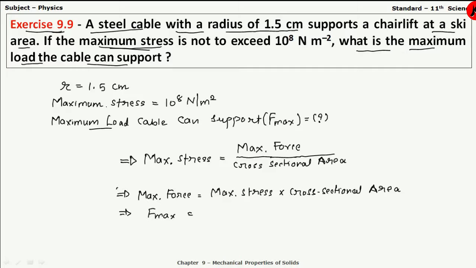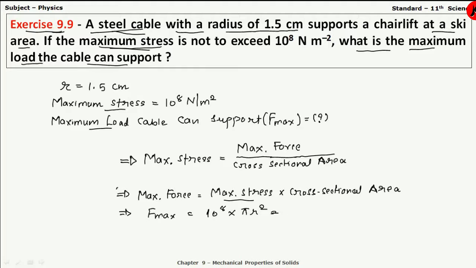Maximum stress is not to be exceeded 10⁸ Newton per meter square. So maximum stress is 10⁸ into cross sectional area. Right, here what we have? Here we have steel cable, and the equation for cross sectional area for steel cable is pi r square.